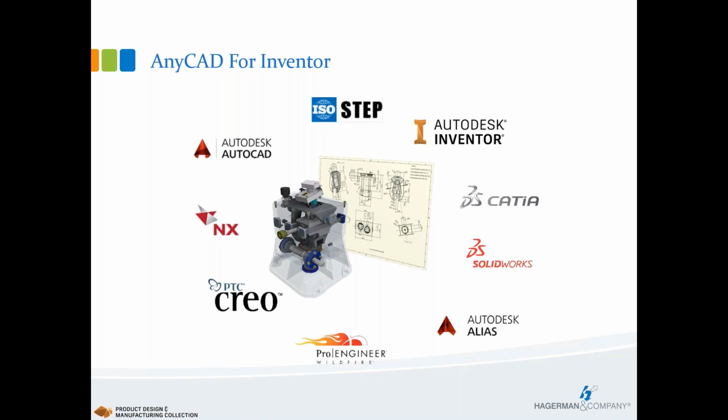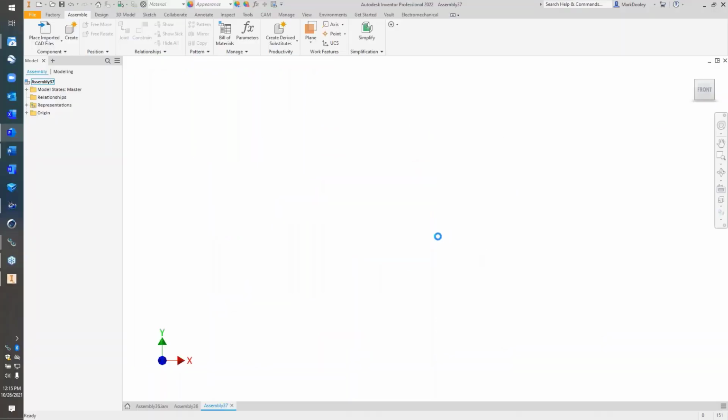But if I am using Inventor 2021, I could place a live reference of Inventor 2022 data. I just couldn't make any changes to it. It's going to place it as a live reference, just like it does a STEP file or a SolidWorks file. If anything changes, we can hit update inside the CAD side or inside the Inventor file.